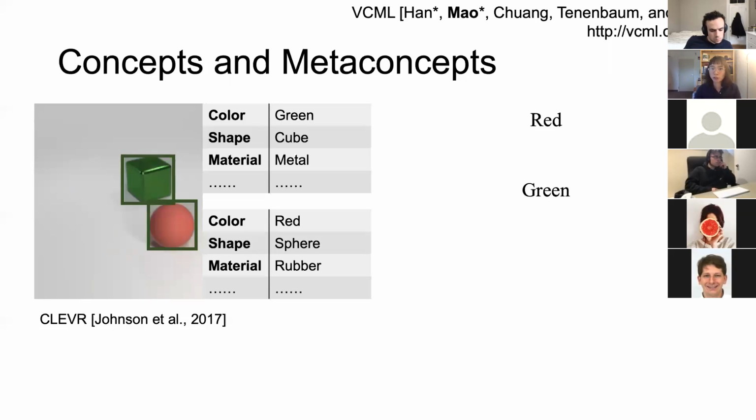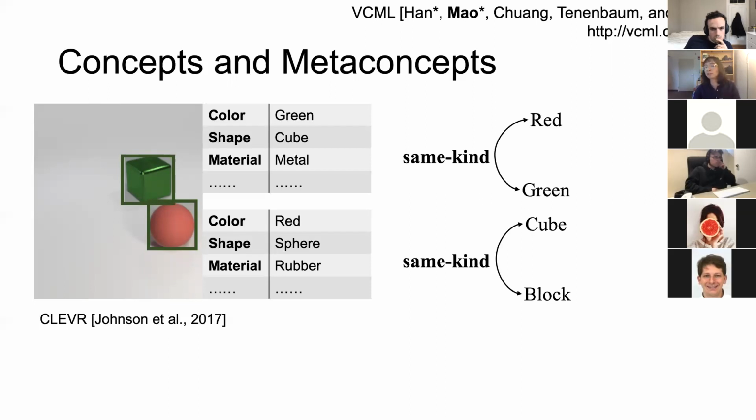For example, we can understand that red and green describe the same property of objects. In this specific case, this is called color. And we can also understand the underlying relationship between cube and block. First of all, they describe the same property of objects. And actually, they essentially mean the same thing, which says that they are synonyms of each other.